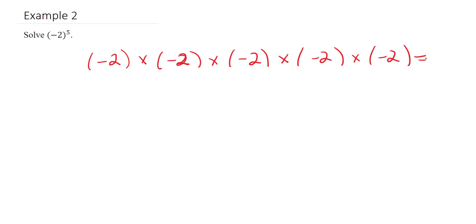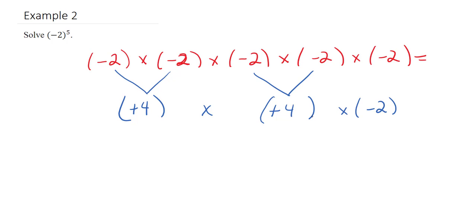And so when we go ahead and multiply, let's go 2 times 2, right, that's 4, and that's +4, because a negative and a negative make a positive. If we were to do it like here, -2 times -2, that's also +4. And then we have this -2.